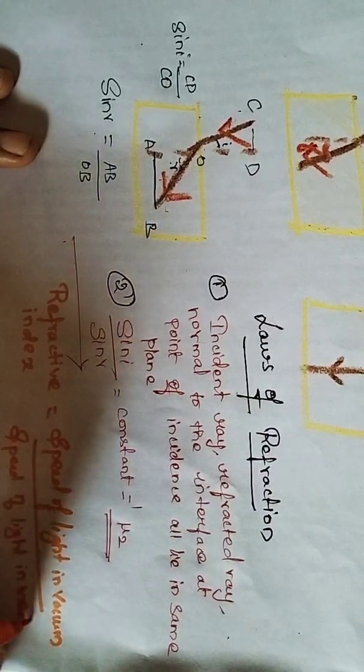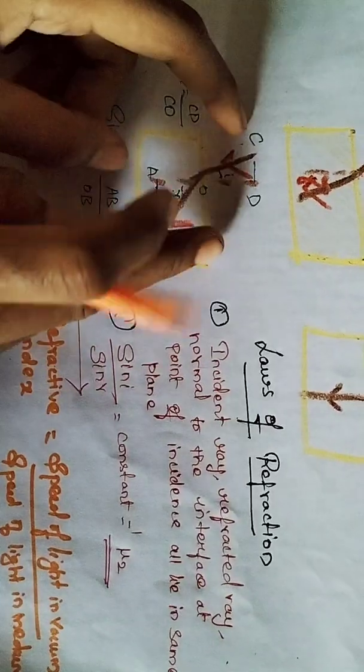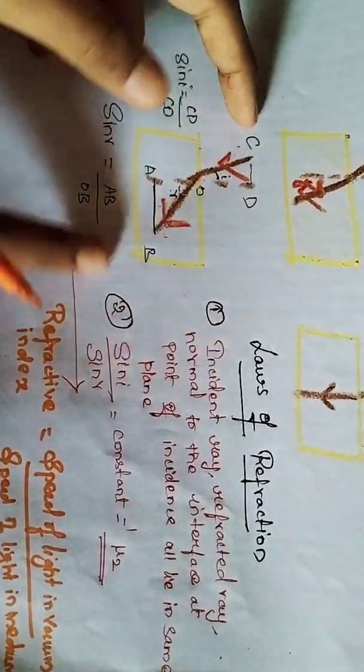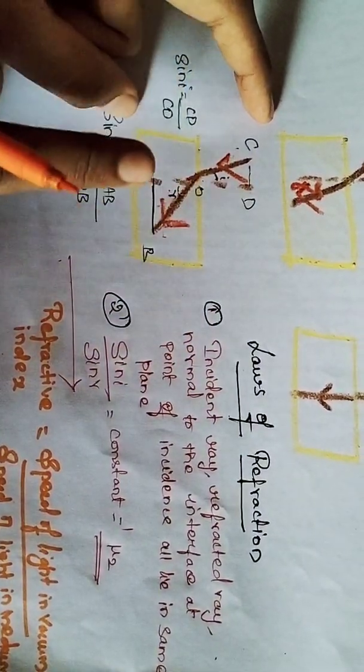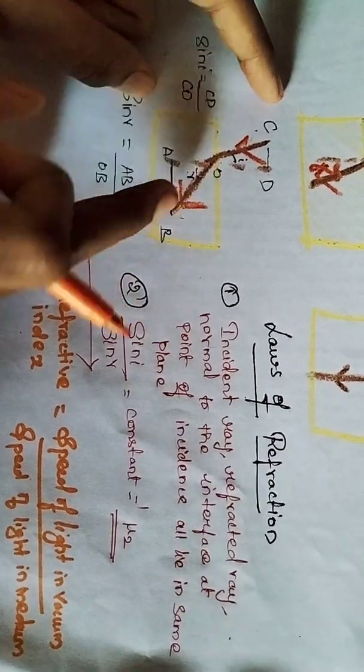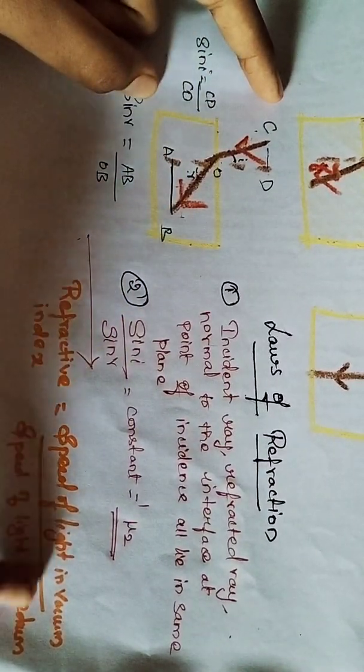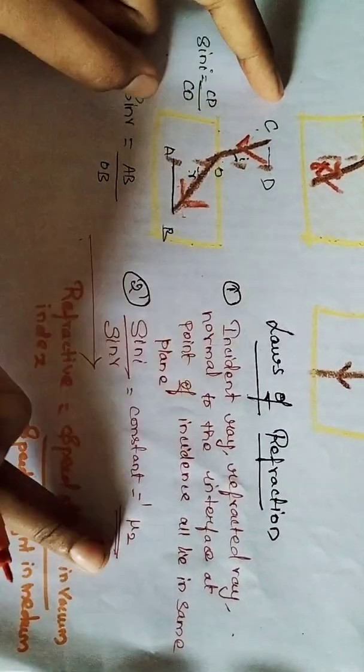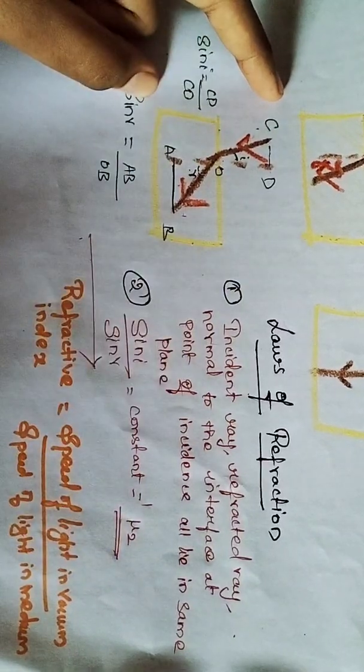If you consider this medium to be vacuum and this medium to be any medium like water or glass, the refractive index of glass will be calculated with respect to the vacuum.